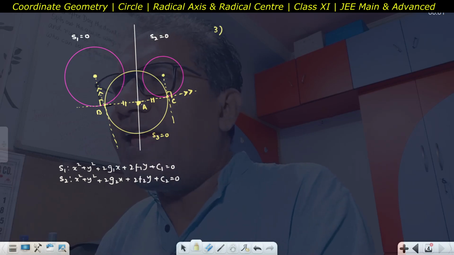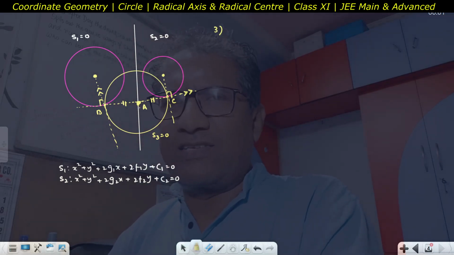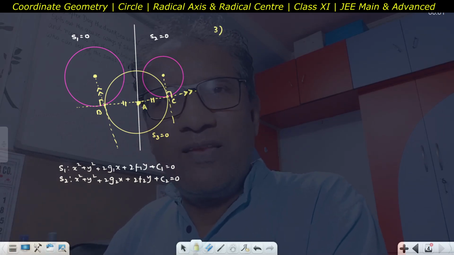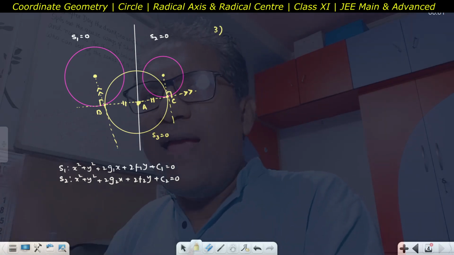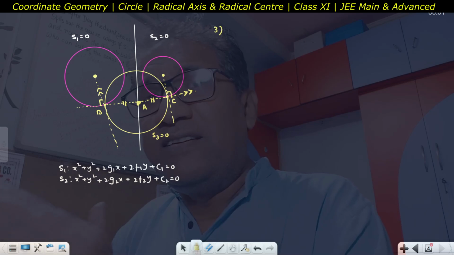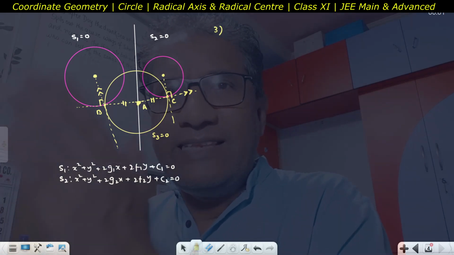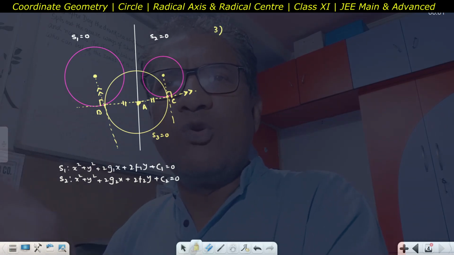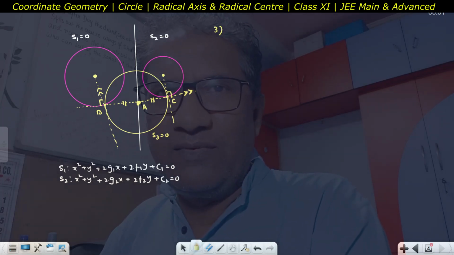Hence, we will say A is a point on the radical axis of S1 equals 0 and S2 equals 0. Therefore, this property has been proved: whenever there is a circle which is intersecting the two given circles orthogonally, then the radical axis of the first two circles is going to pass through the center of this third circle. Is it clear?